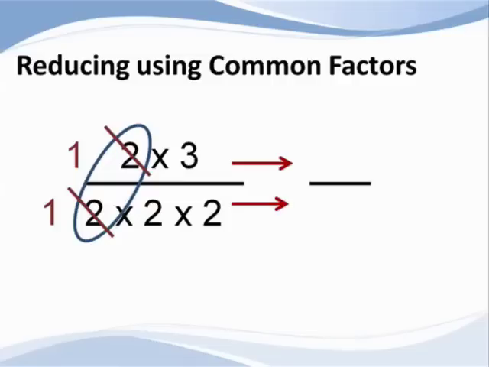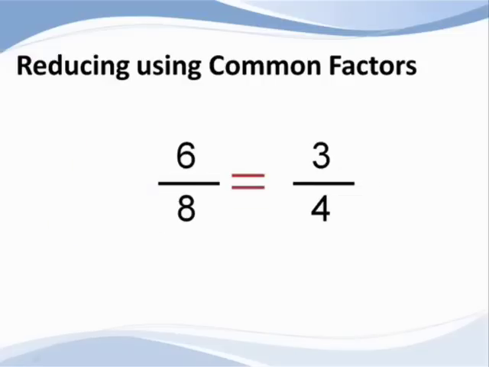On the top, the numerator, we have 1 times 3, or 3. On the bottom, the denominator, we have 1 times 2 times 2, or 4. Therefore, 6/8 reduces to 3/4. 6/8 is equal to 3/4.